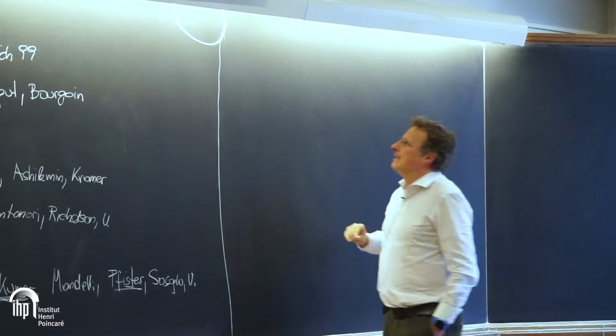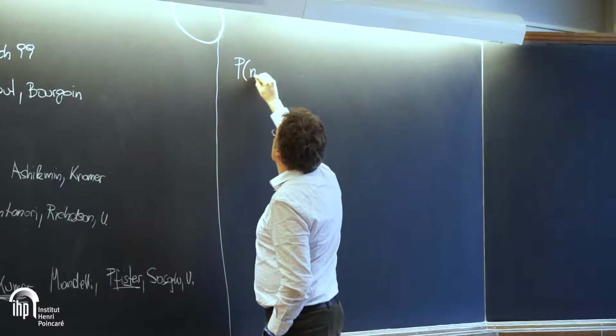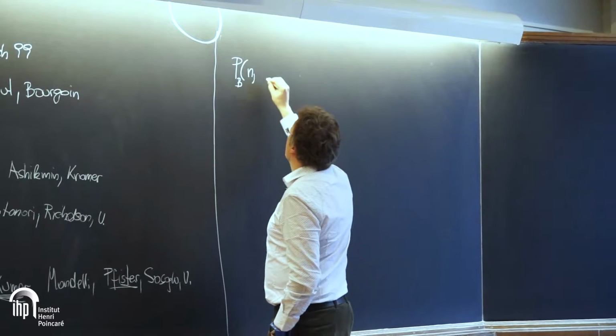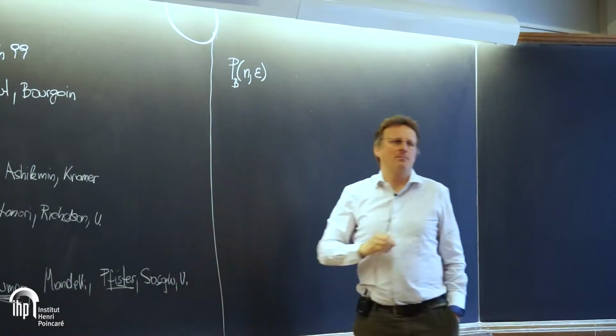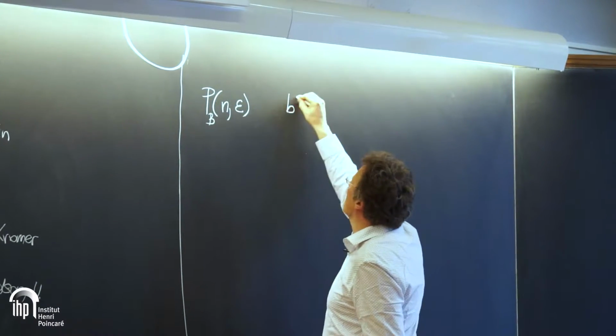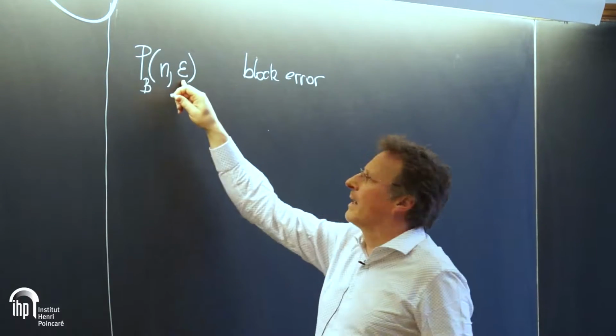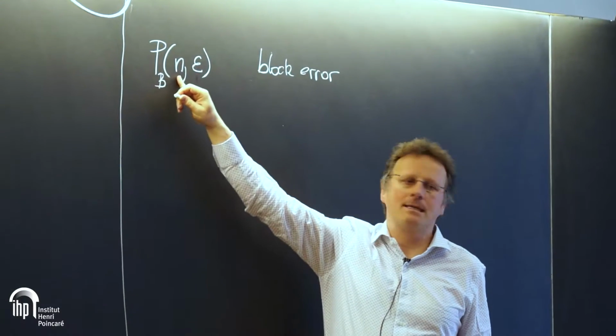So what do I mean? Typically, when we have a sequence of codes, one of the main measures we might be interested in is, let's say, the block error probability. Let's just think of the binary erasure channel, with block length n.